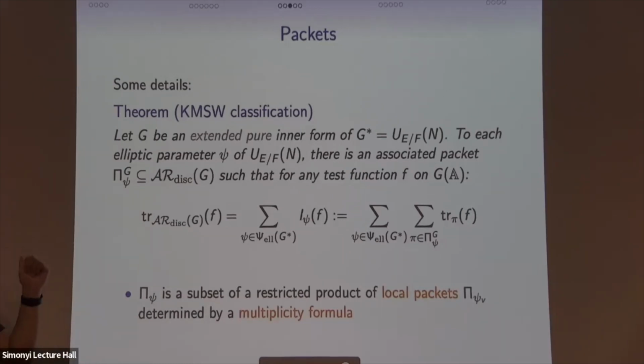There's some rule that tells you whether something's in here or not. These products are infinite, but if you plug in a specific test function, you kill all but finitely many of them. So that's the details about packets. This is probably too fast to be useful to anyone who hasn't seen it before, but hopefully there's something helpful here.